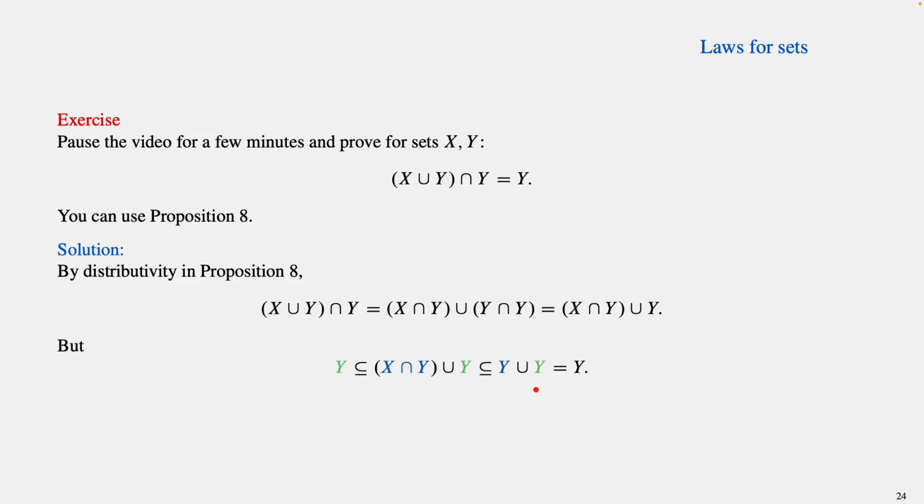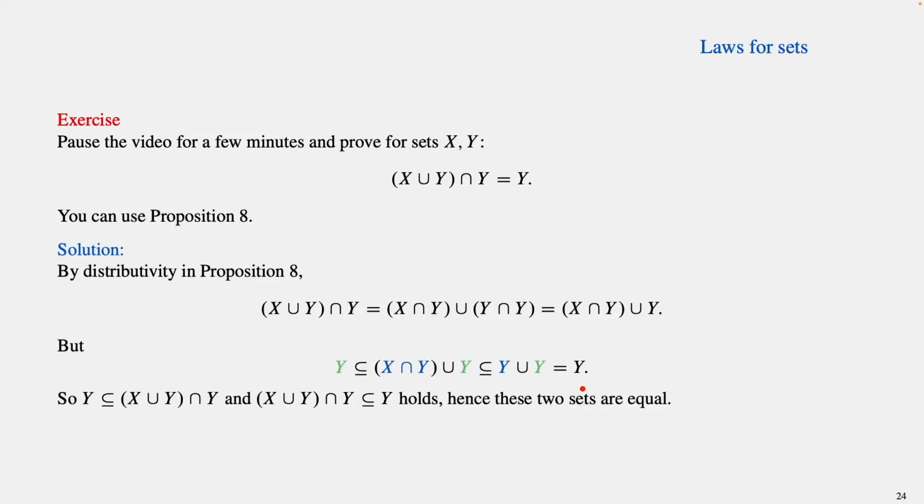So we've seen here that the right-hand side is a subset of the left-hand side, because we saw that this is identical to the left-hand side, but also that the left-hand side is a subset of the right-hand side, Y. And by our principle of splitting the equality proof into the two inclusions, we find that the two sets must be equal. And this proves this claim here.